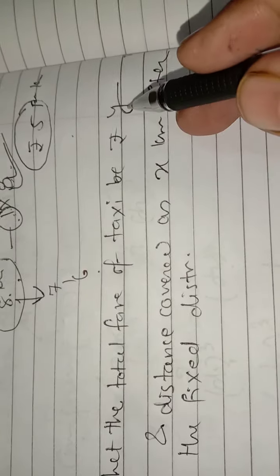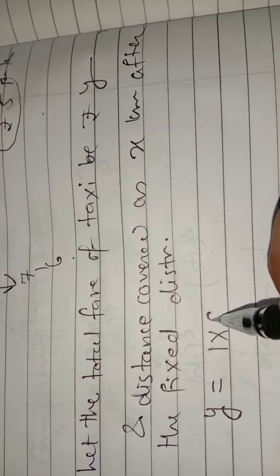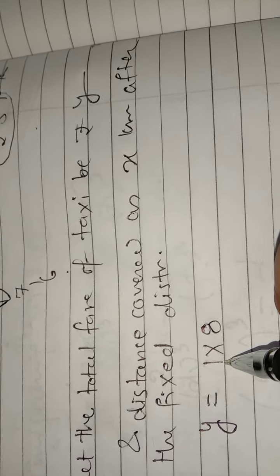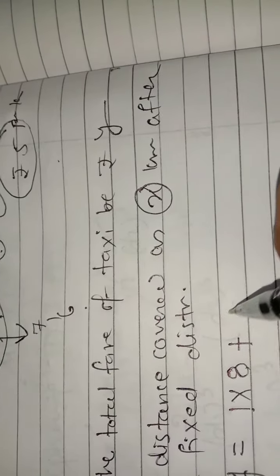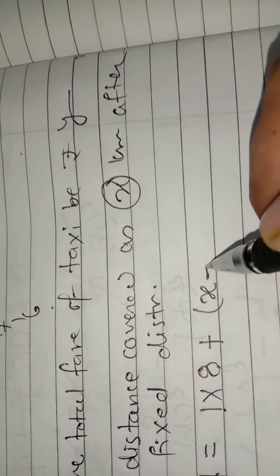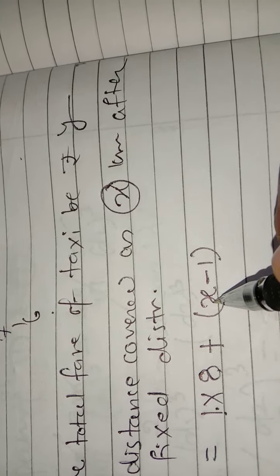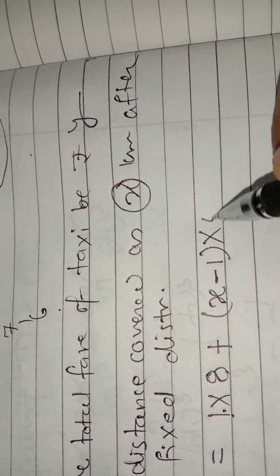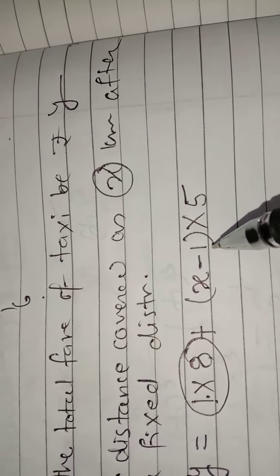It is a very easy question, but we need to understand the concept of the question. So if the total fare is y, I will write y is equal to, see, the fixed one, that is for the first kilometer you have to pay 8 rupees, plus, after 1 kilometer, it is x minus 1 kilometers and you have to pay rupees 5 per kilometer.